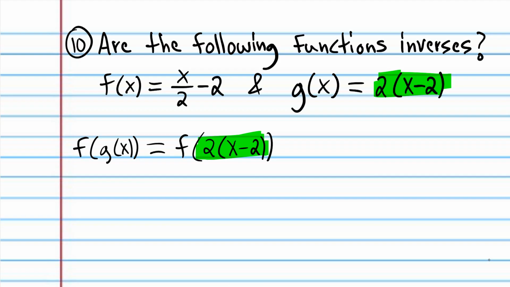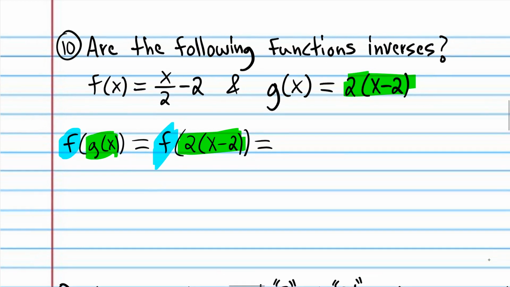And isn't it true that we're plugging it in to f? So that's g. Okay, so now let's actually plug it into f. So f is x over 2 minus 2. Isn't that true? That's what f is. We're going to plug in the green g into that. So it's going to be 2 times x minus 2. We plugged it in. So that's what that means.